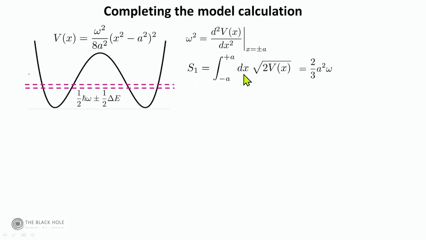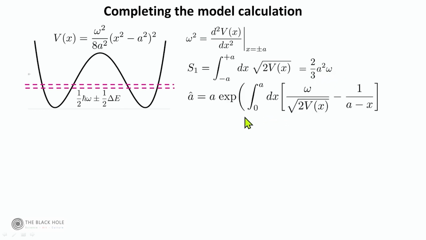S1, which is either x dot squared or equivalently square root of 2V of x, well, just stick this in here. It's a simple integral. You get 2/3 a squared omega.